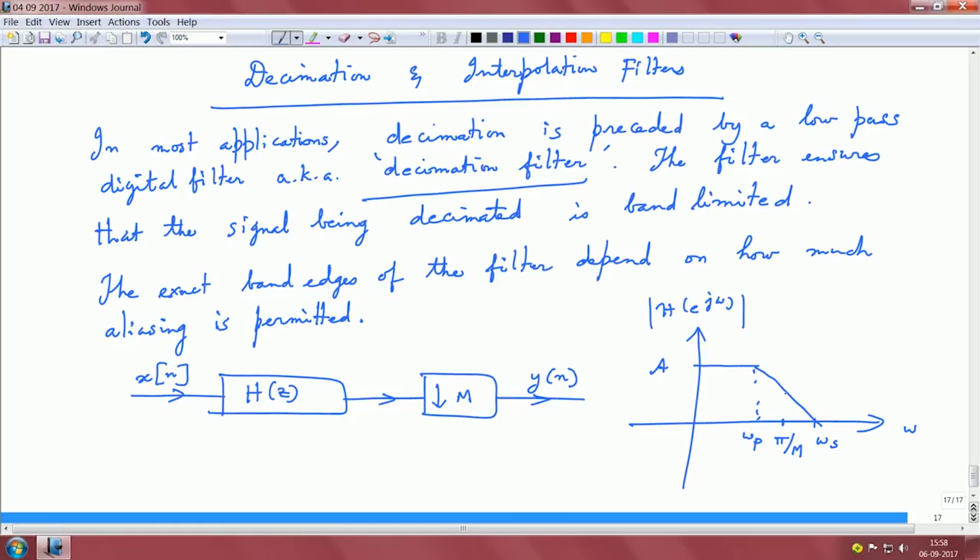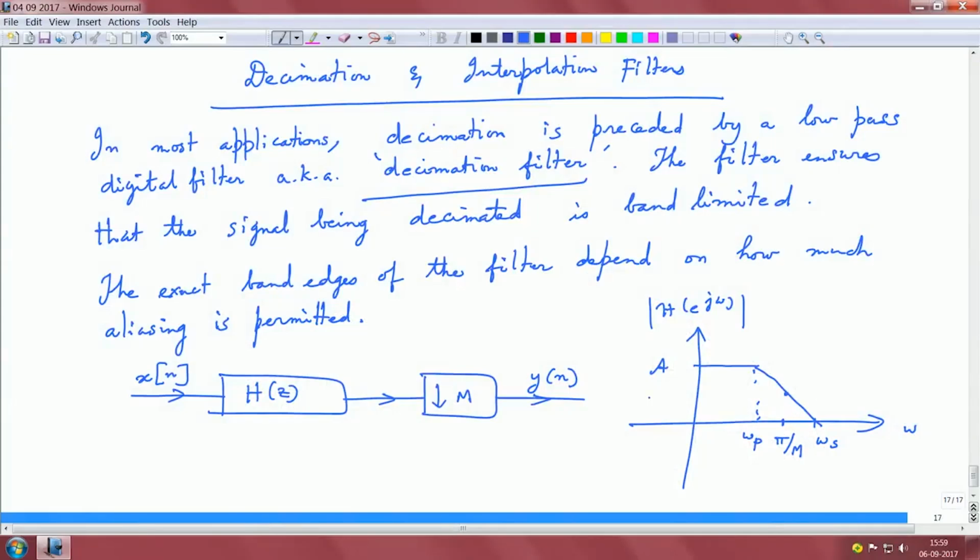We can probably assume this point is π/M, because when you stretch, this point is basically at π, and then there will be some amount of aliasing from this portion from the stop band. So, you can think how much aliasing you can tolerate, and that should be accounted for in the design of this digital filter.